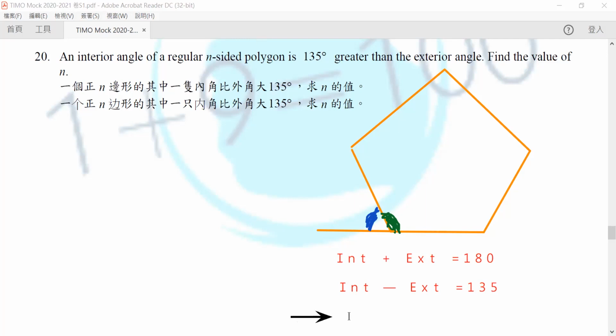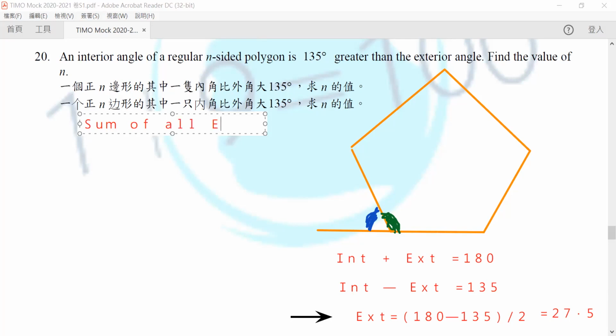What is the exterior angle? The exterior angle would be equal to 180 minus 135, and then divided by 2, right? So this is actually equal to 55 divided by 2, which is equal to 27.5.